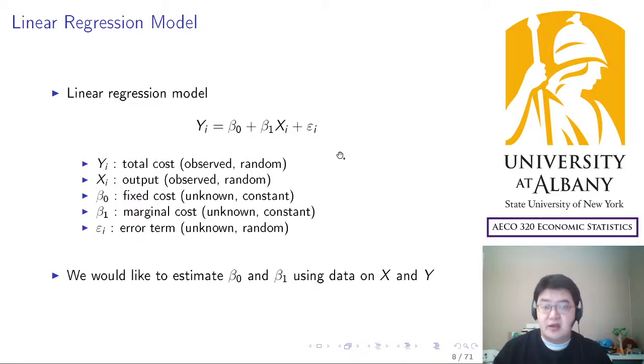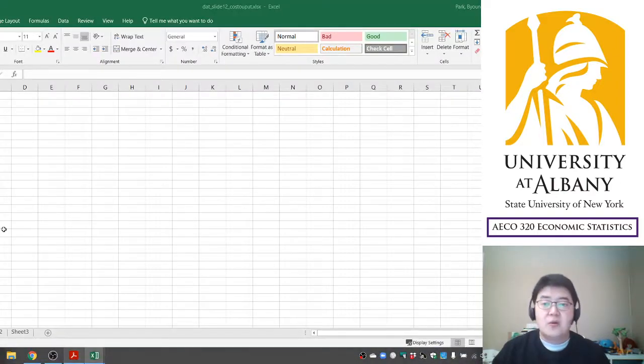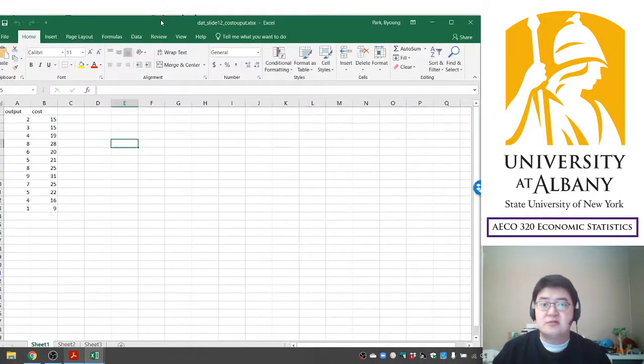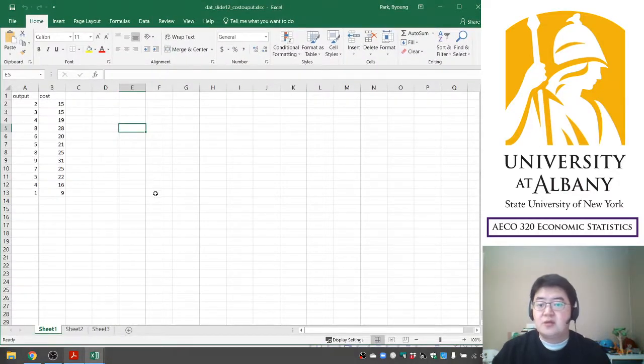From this linear regression model, we had data. I made up imaginary data of amount of output and the total cost. So when you produce 2 units, your total cost is $15.